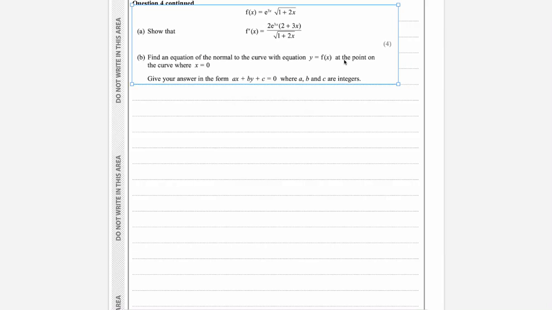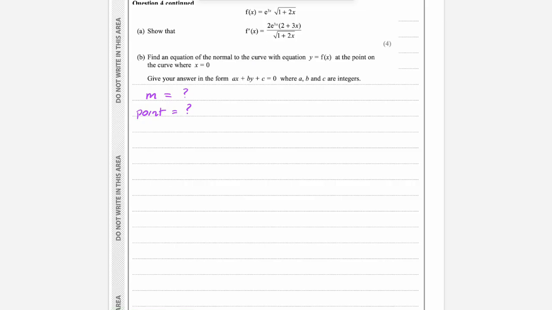Okay, so we have the derivative. To get the normal, I need an m, and I need m equals something, and I need a point.